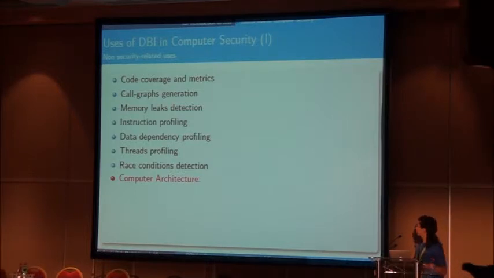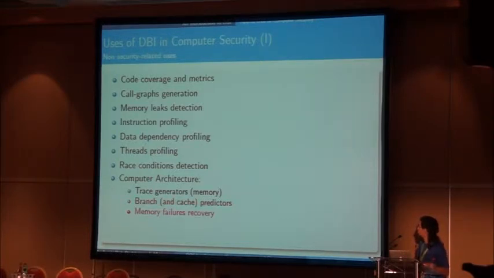Also in computer architecture, if you are more related to this field, DBI is commonly used for generating memory traces, for making branch and cache predictors, for memory failure recovery, and for simulation of speculation strategies. So everything that you need to test or research uses DBI, okay, and so on and so forth.